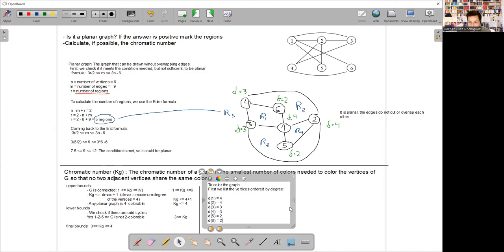So we have the vertices ordered, and we just start with the first one, right? We choose a color, and we color this vertex. So we color the vertex 1 in blue, right?